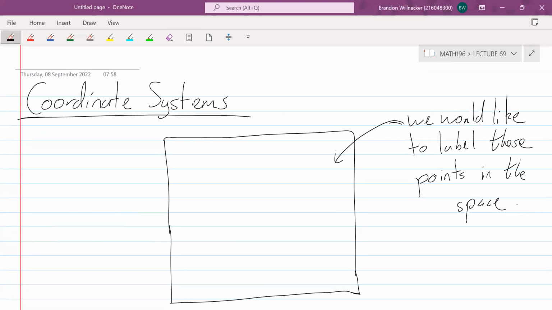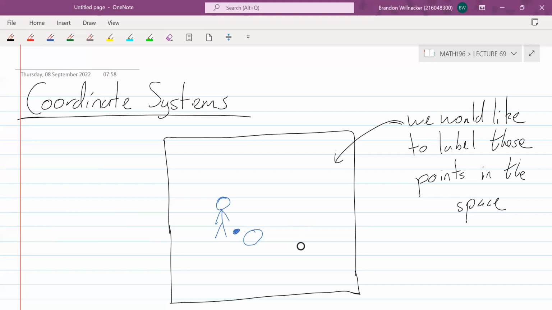Okay, so the way that we label the points is by setting up a coordinate system. Let's say this is like a field, or just somewhere on the ground. You can stand here, let's say at this point, and we say that is our origin O. You can pick the origin wherever you like, but this is just to give you a mental picture of what we're trying to do.